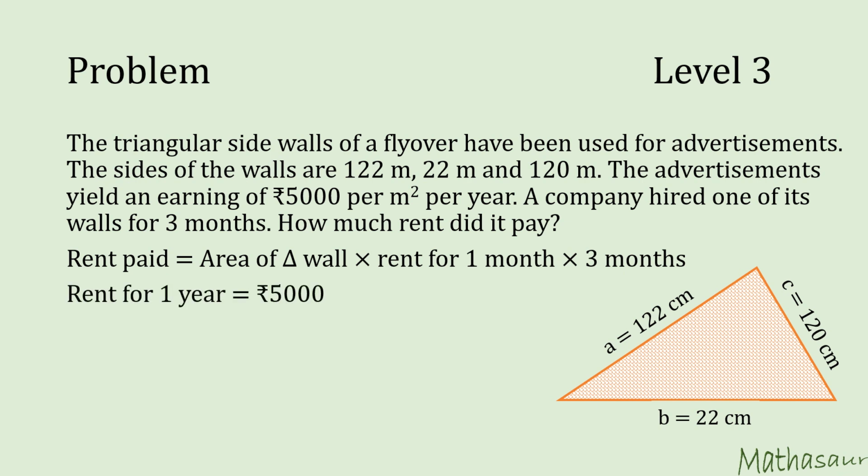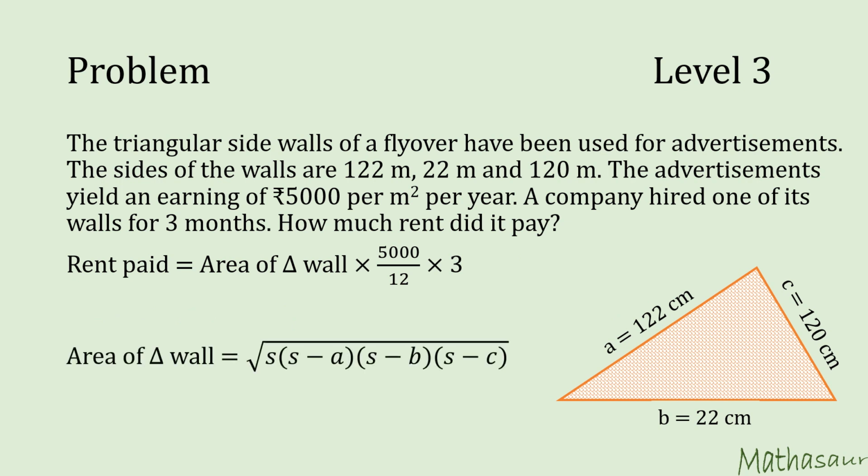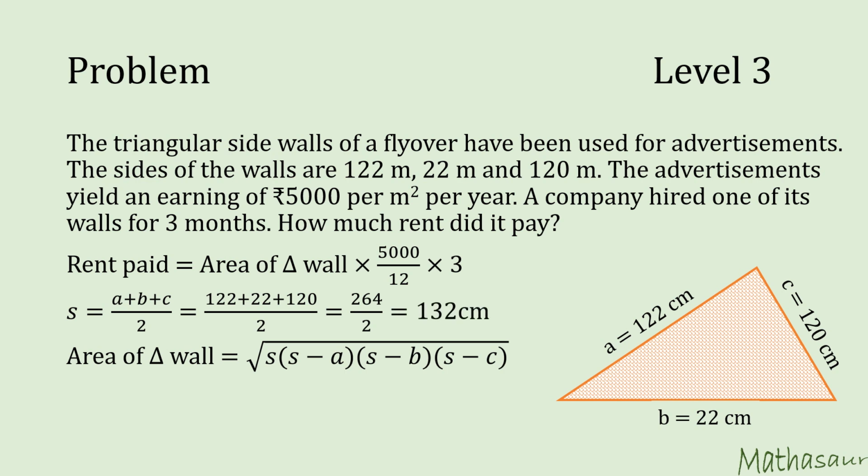Now we are given that rent for 1 year is 5,000 rupees, which could be written as rent for 1 month times 12 months. And we can find the rent for 1 month as 5,000 by 12. Let us put this value in our formula for rent paid. Now the only unknown is area of the triangular wall. So let us apply the Heron's formula, find out S, and substitute the values.